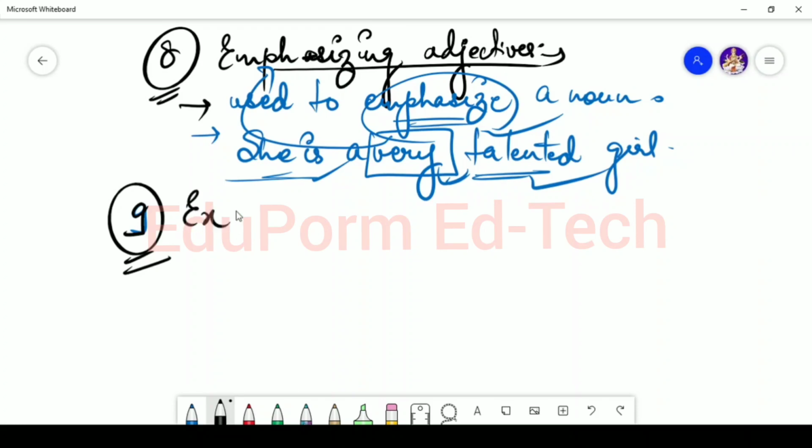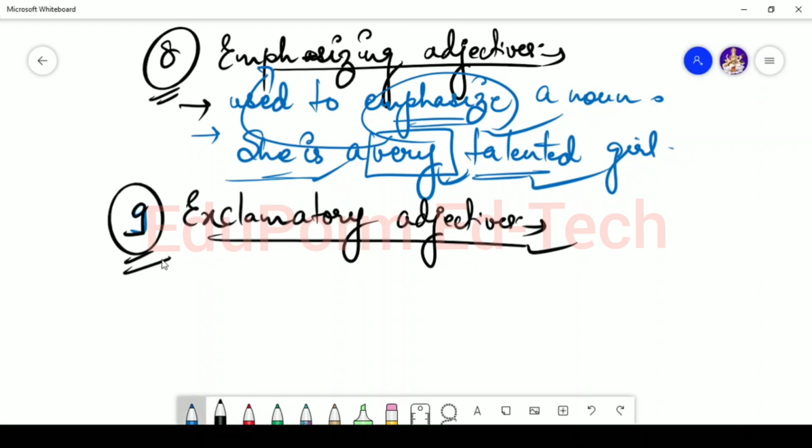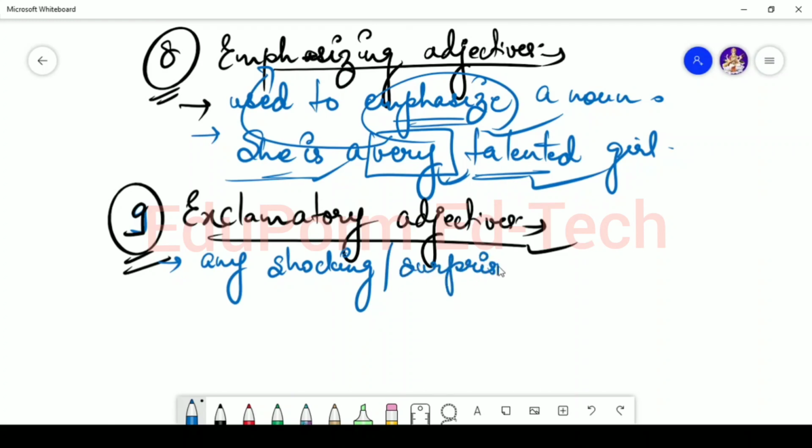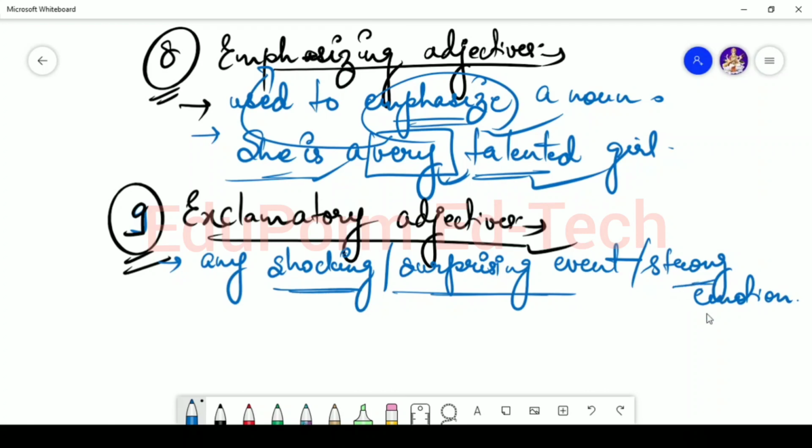The last one is exclamatory adjectives. Now exclamatory adjectives are those adjectives which are basically used to define any shocking or surprising event, or any strong emotion.